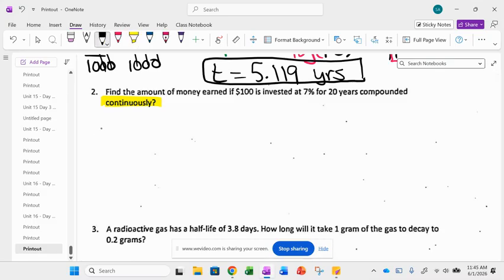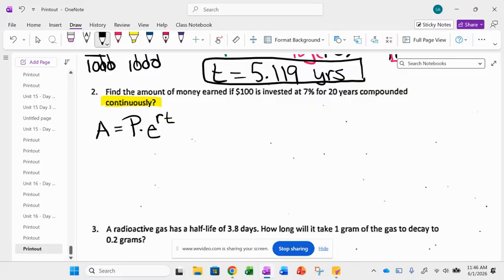So this time it's going to be A is equal to P times e raised to the rt power. So it says find the amount of money earned. So what are we solving for? A. We're solving for A.